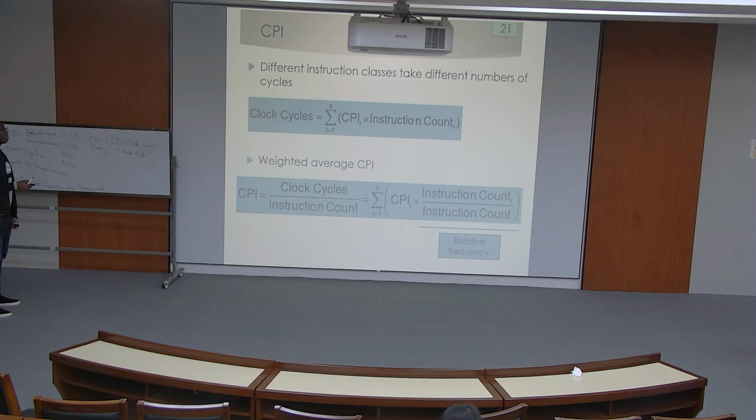So the weighted average CPI is given by this expression: the clock cycles divided by the instruction count, which is the summation of CPI_i times instruction count_i divided by the total instruction count.